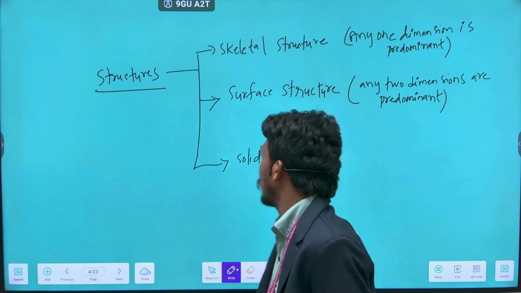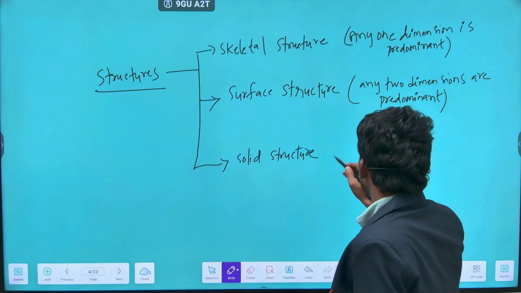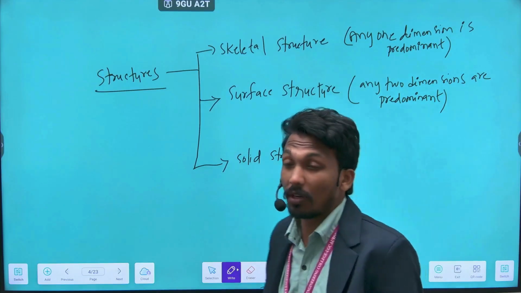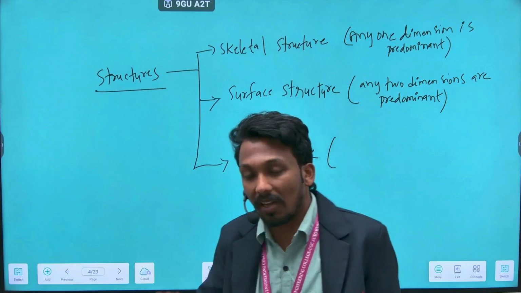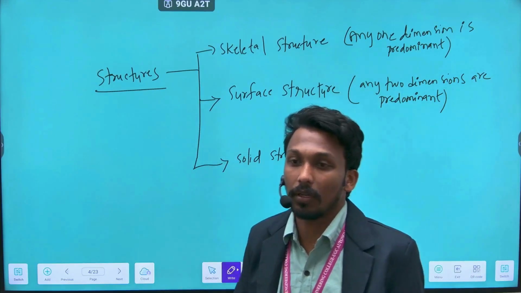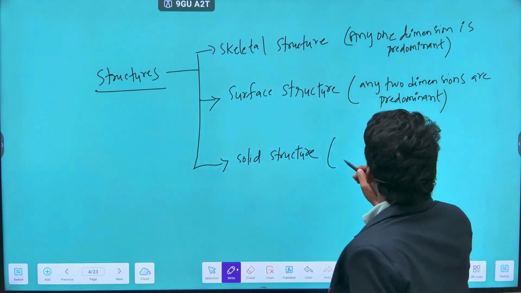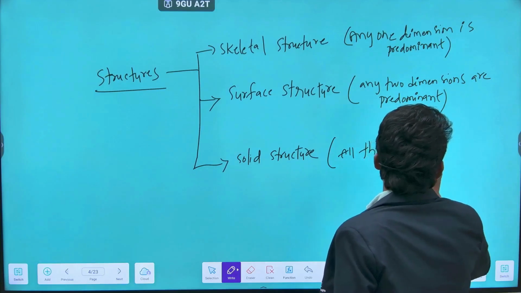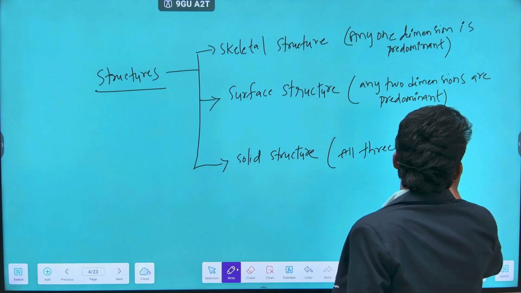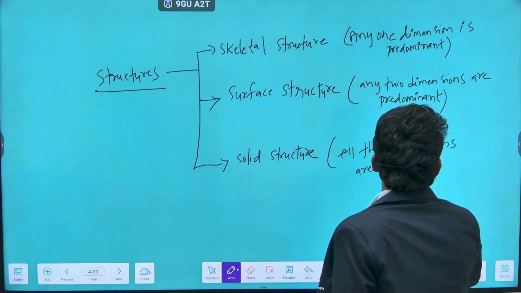Such kind of structures we call surface structures. Then coming to the third, solid structure, all the three dimensions are predominant, means all the three dimensions are considerable. Let us take the example of a massive foundation.